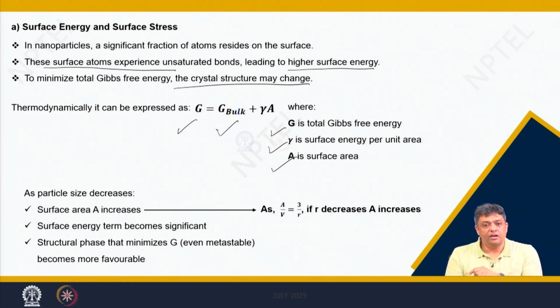We have seen in spherical particles, if you take the surface area by volume, so 4 pi r square by 4 by 3 pi r cube, you will get the term 3 by r. So, if r decreases, A increases.